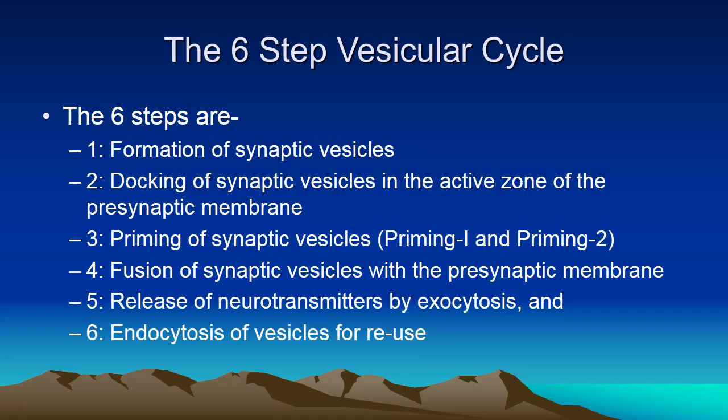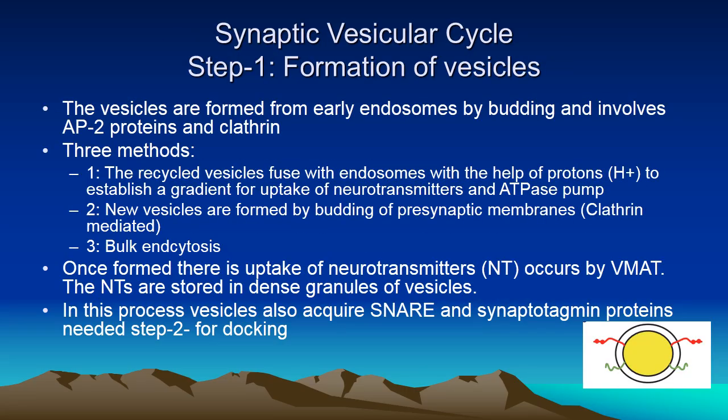These are formation of synaptic vesicles from endosomes, docking of synaptic vesicles in the active zone of the presynaptic membrane, priming of the synaptic vesicles to make them release ready, and fusion of synaptic vesicles with the presynaptic membrane to make the pores, so that the fifth step is release of neurotransmitter by exocytosis, and reutilization of the vesicles for a newer cycle is called endocytosis. Each step will be discussed.